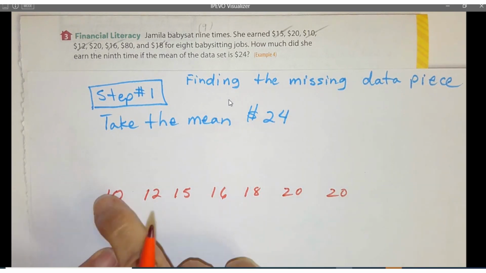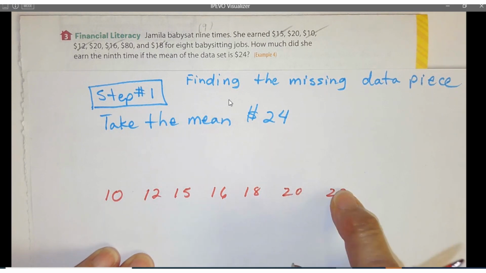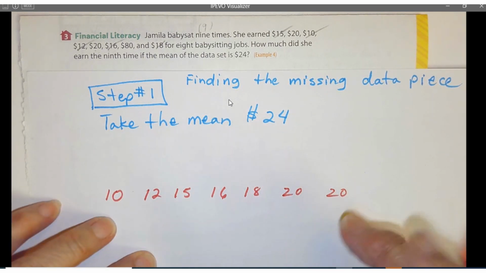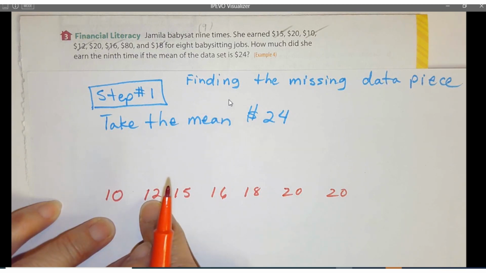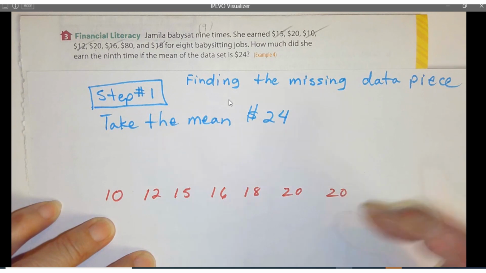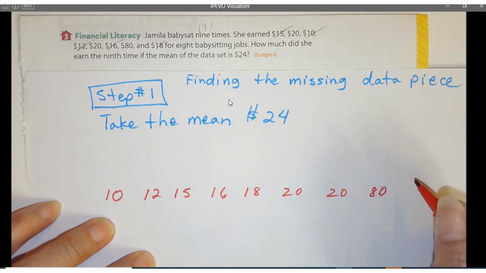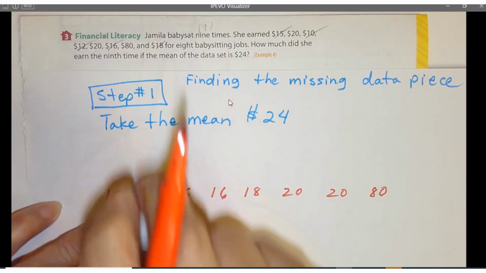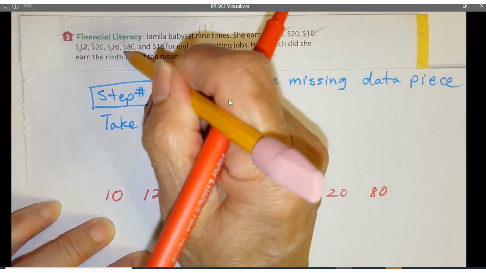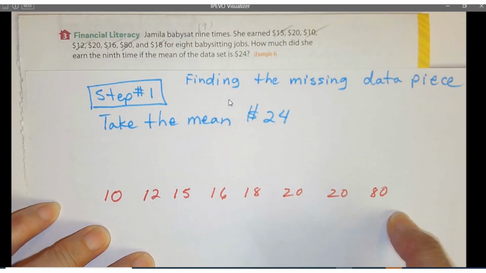Okay, so that's 1, 2, 3, 4, 5, 6, 7. So I'm missing one. Let's make sure. We have the 15, we have the 20, the 10, the 12, the other 20. Oh, forgot the 80. There we go. So we have a total of 8.